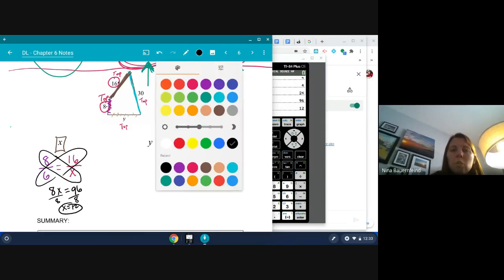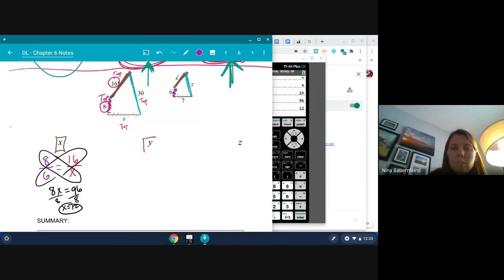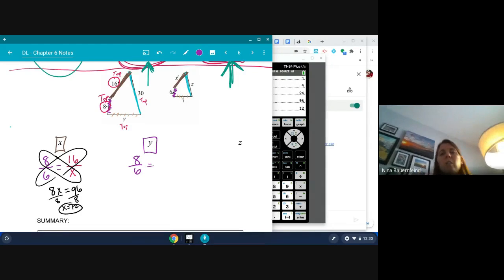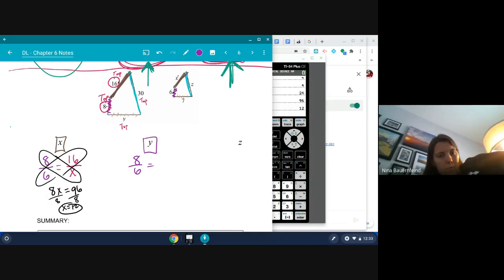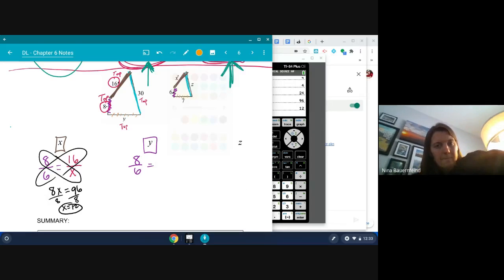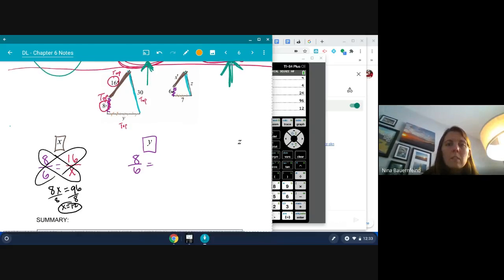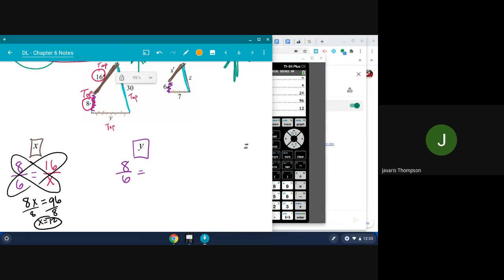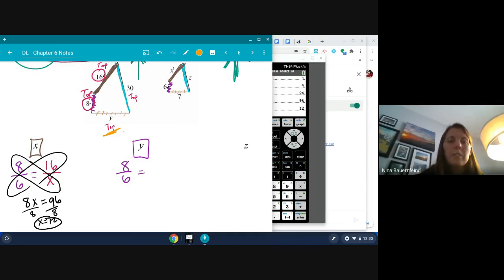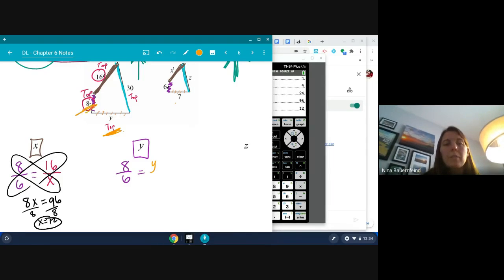Okay, so we set up the same initial thing for y. 8 over 6 equals, what's that fraction going to look like for y? 7 over y. Careful. Y over 7. Yep, because if we started with this one on top, that one's got to always be on top, since I put this on top first.